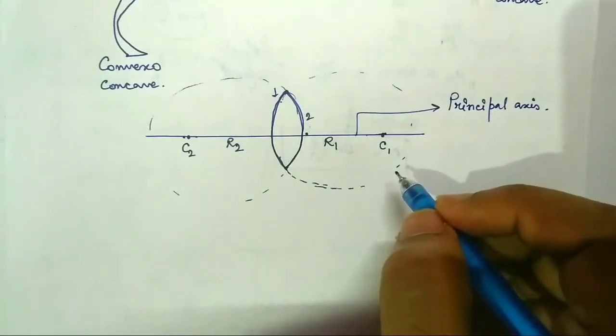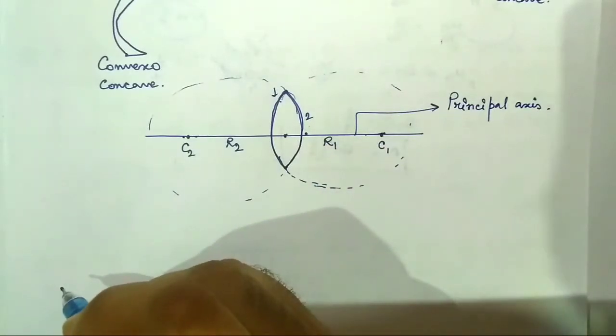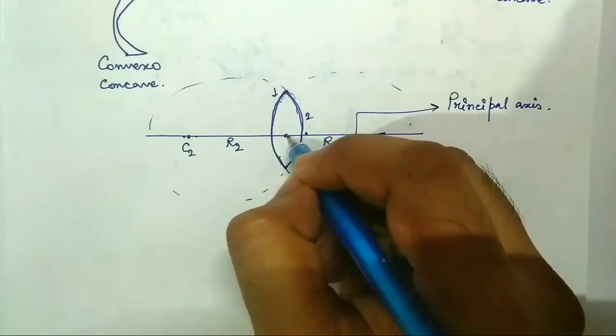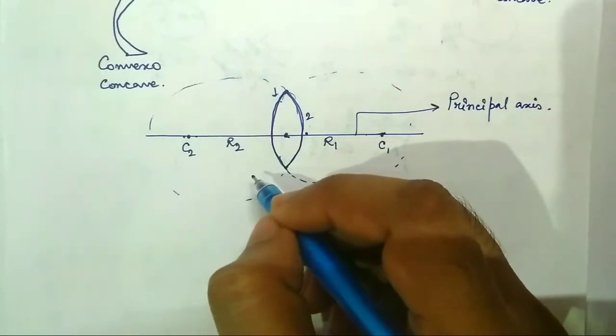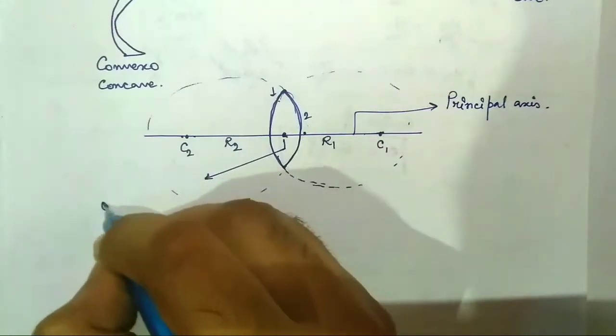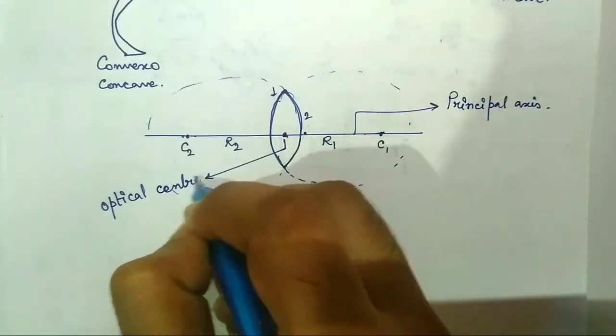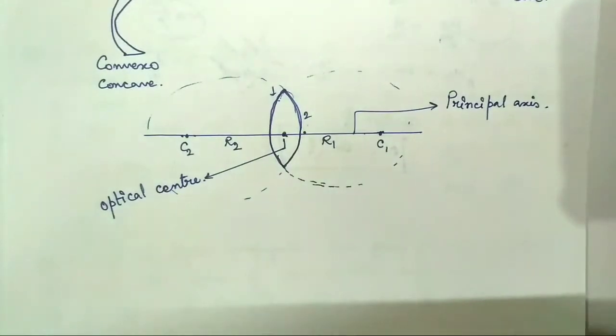The center of the thin lens which is on the principal axis. This is the principal axis and this is the center of the lens. This center is known as the optical center. Understand? Okay.